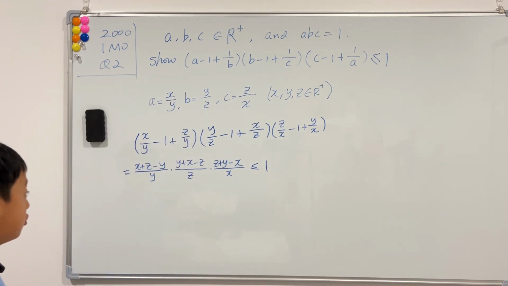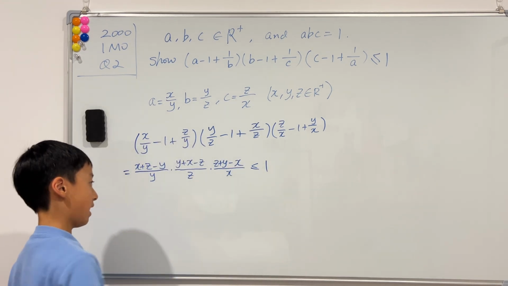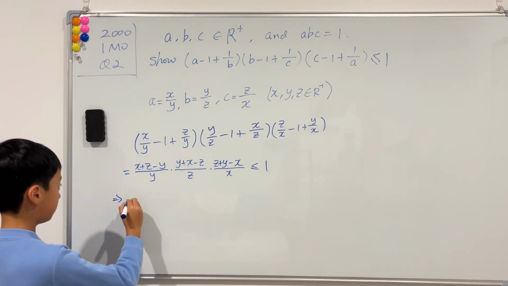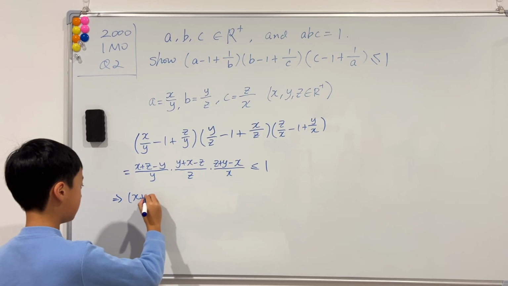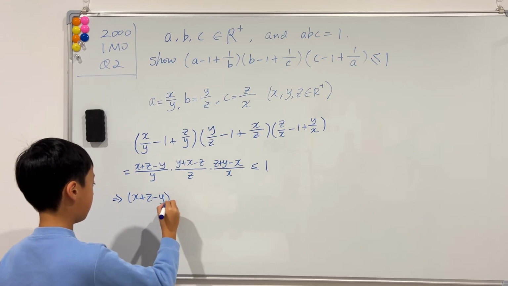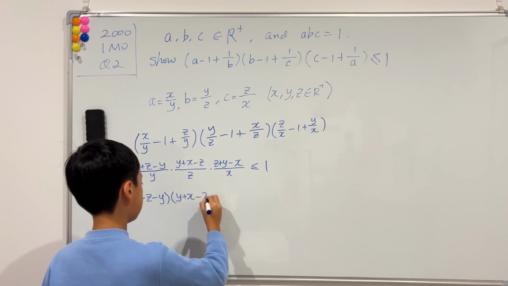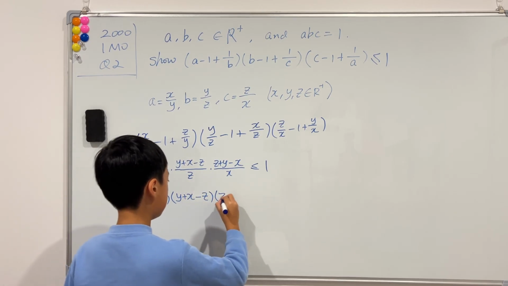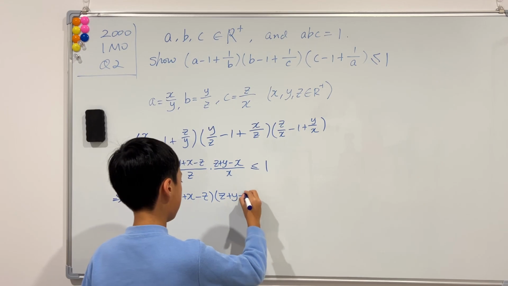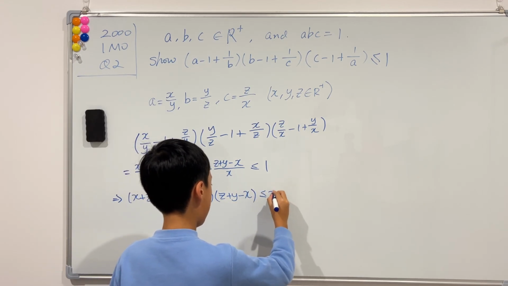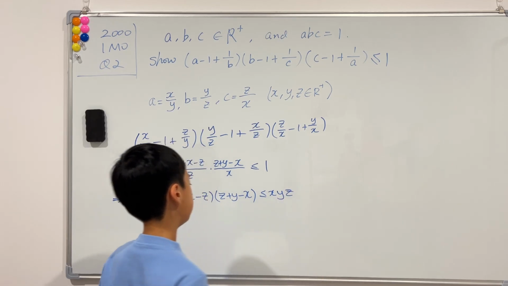So now I'm going to multiply the xyz to the right hand side because we don't like fractions. So we'll get x plus z minus y times y plus x minus z times z plus y minus x. And we have to prove that this is less than or equal to xyz.